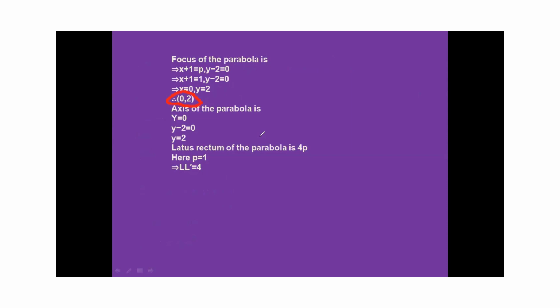The axis of symmetry of this parabola is y equals 2, and the latus rectum of the parabola is 4p. Here the value of p is 1, so the latus rectum equals 4.